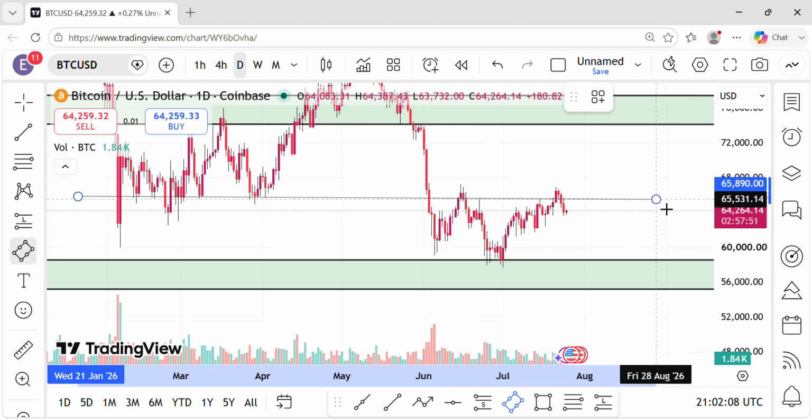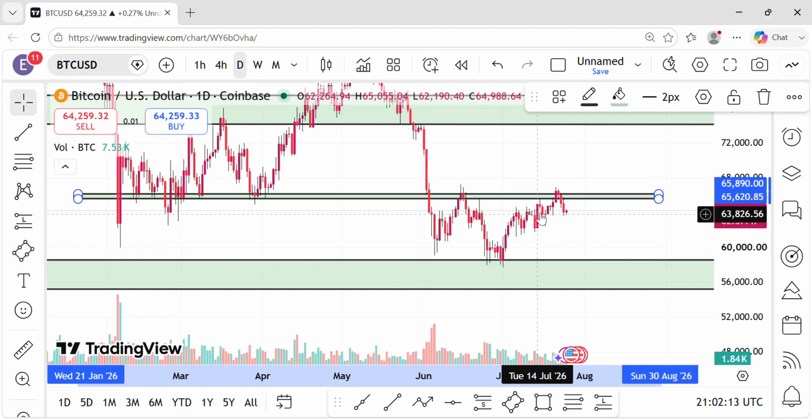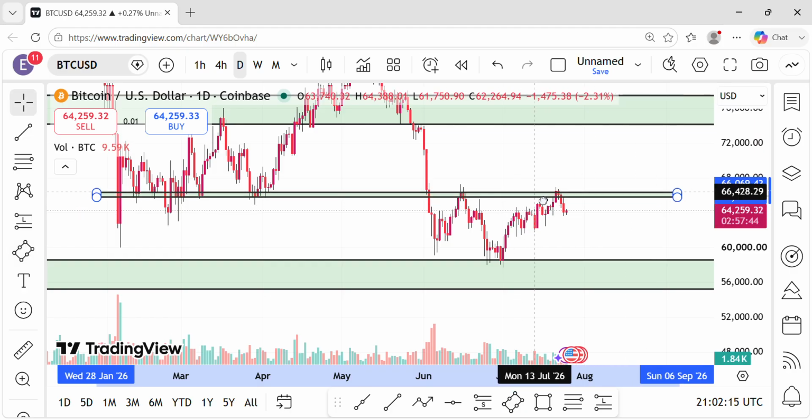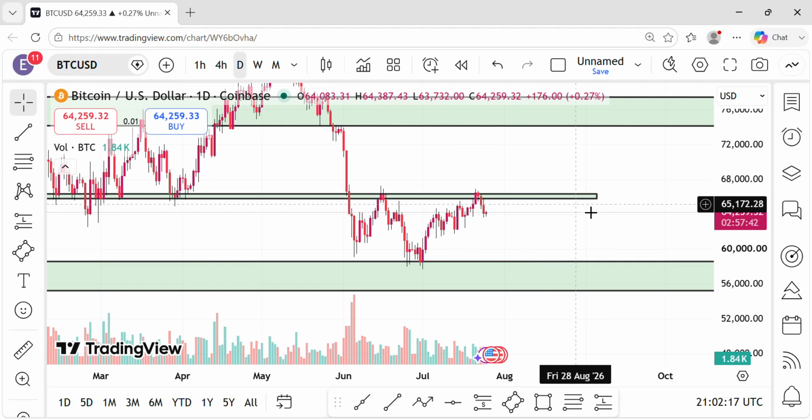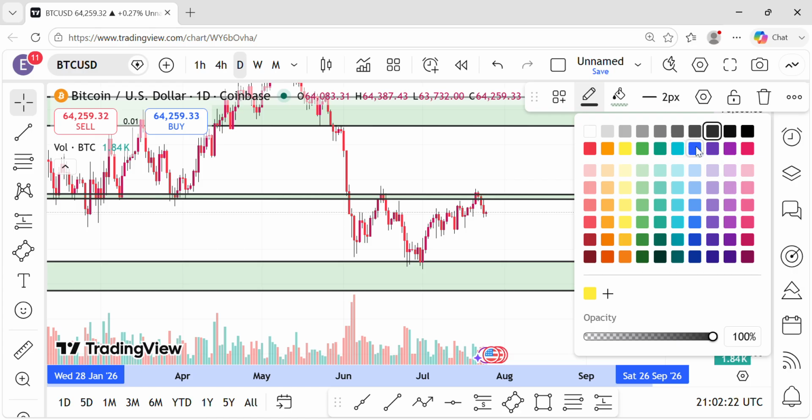So if I should map out this minor key daily zone, this resistance, so change the color to blue.